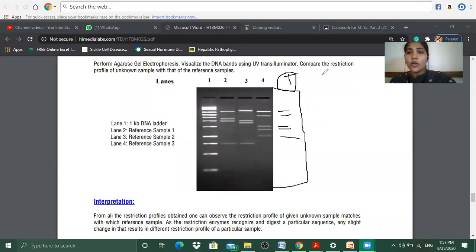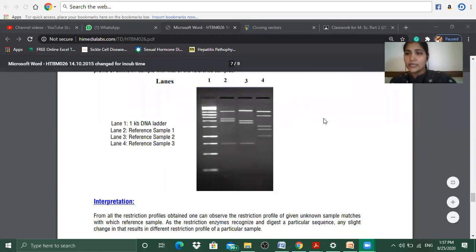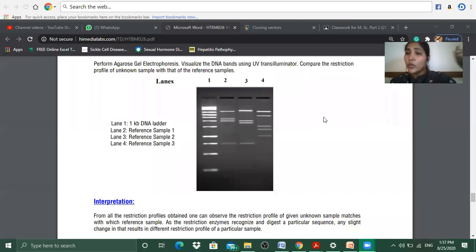So this is how we perform the experiment of restriction fragment length polymorphism. In the experiment you have 3 reference DNA samples and 1 test DNA sample, and you treat these DNA samples with the same restriction enzymes, in this case EcoR1 and Pst1, and check the fragment profile, the DNA fingerprint profile.